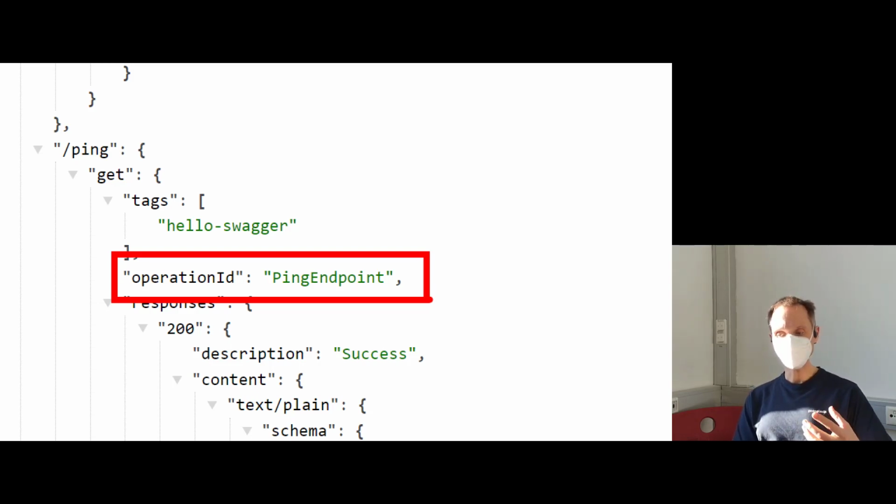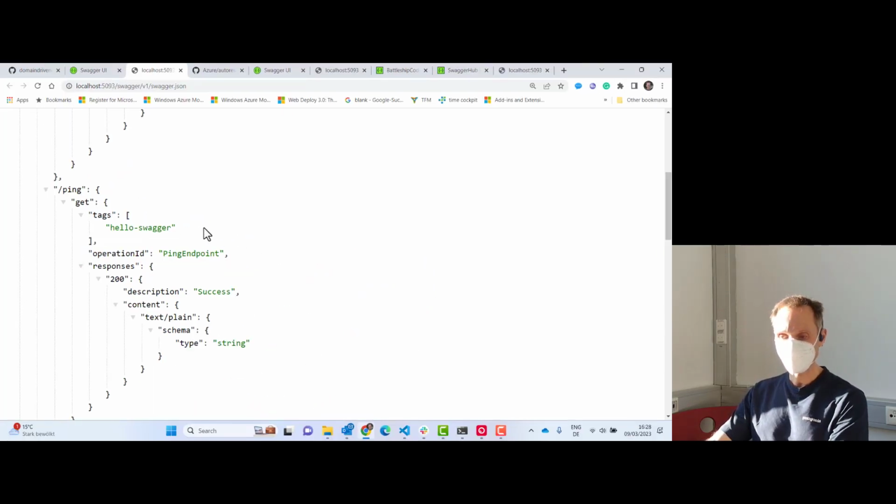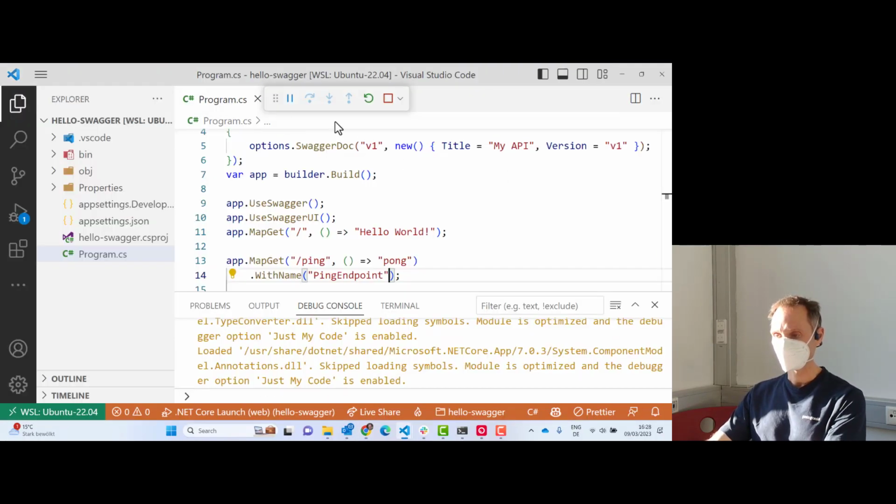The operation ID is the internal identifier of the operation. And this is especially important when you want to refer to a specific operation. So this is a kind of technical name for the endpoint. It's not visible to the end user, but it's a technical name. This is the name, the ID.